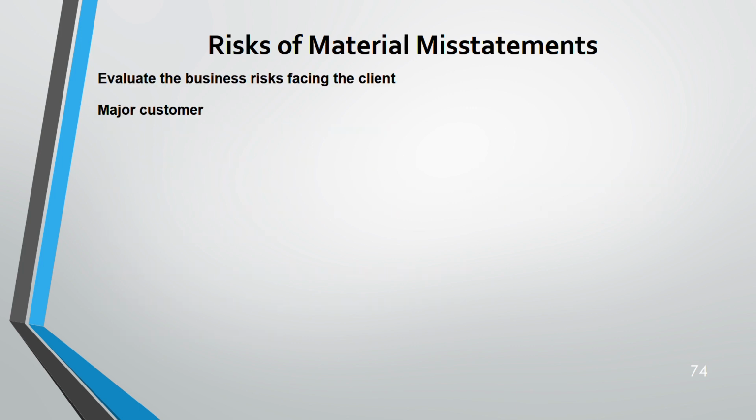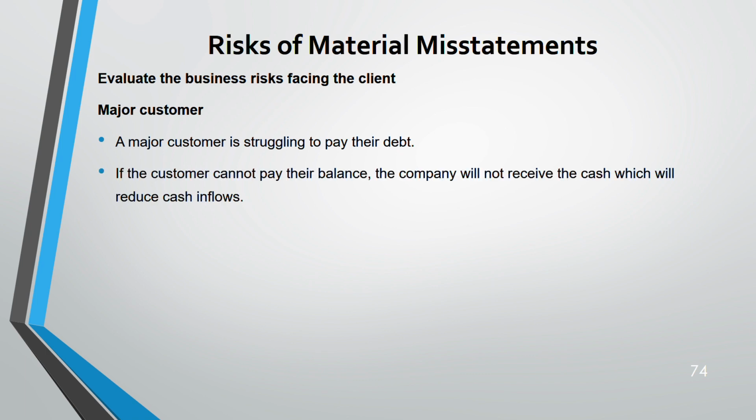Okay, here also we'll go through an example. Let's say one business risk is a major customer struggling to pay the debt. This is a business risk. What happens? Because of this, the customer cannot pay their balance, so the client will not receive cash, which reduces cash inflows. Debt will need to be written off, which will reduce profit.